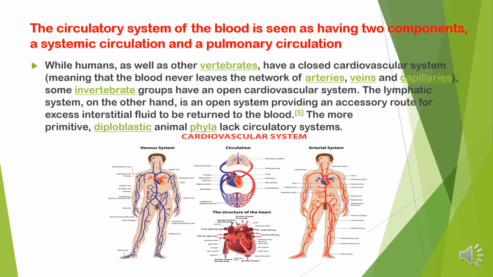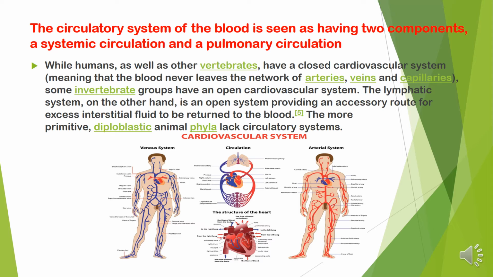Some invertebrate groups have an open cardiovascular system. The lymphatic system, on the other hand, is an open system providing an accessory route for excess interstitial fluid to be returned to the blood.